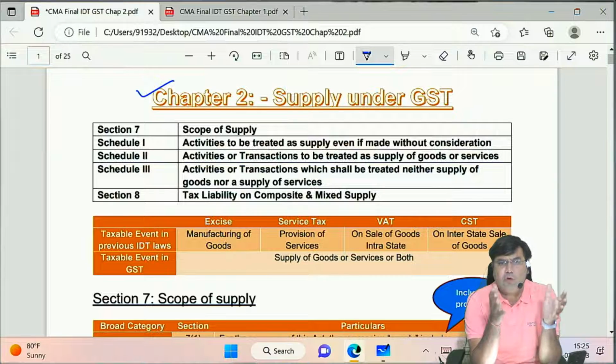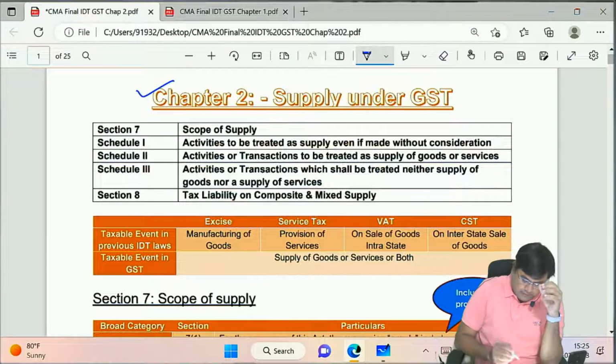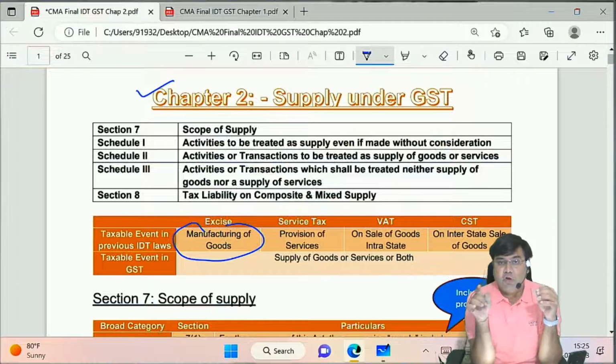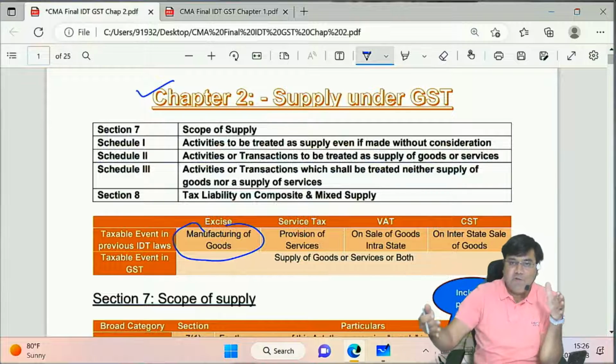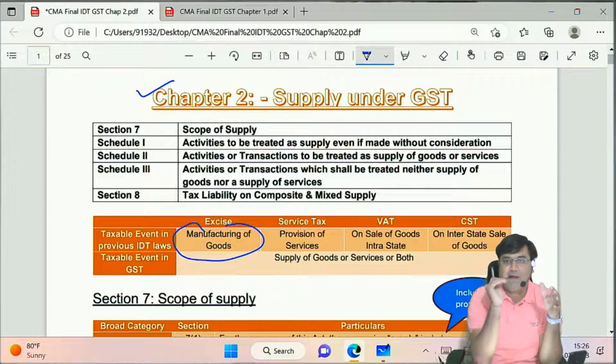Of course, you are not going to manufacture services. So in case of manufacturing of goods, the excise duty provision is going to be triggered, and excise duty becomes applicable once that goods is manufactured, then it comes for trading.